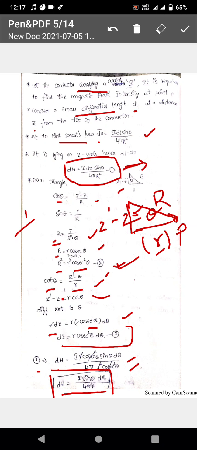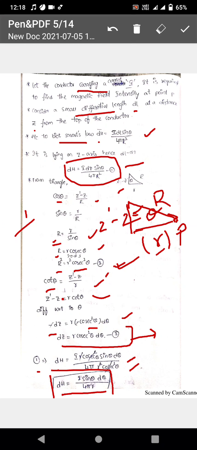Differentiating with respect to theta, minus dz equals r times minus cosecant square theta d theta. Therefore, the minus signs on both sides cancel, dz equals r cosecant square theta d theta, that is equation number 3.